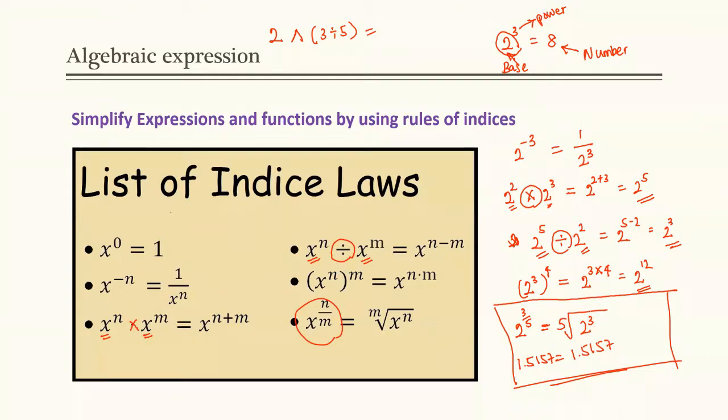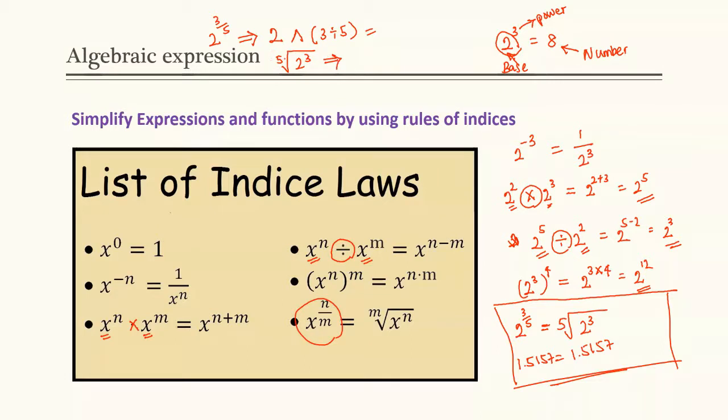How do we enter this particular term in the calculator? This is 2 to the power 3 over 5. Now I am asking how to find the value of this using the calculator.